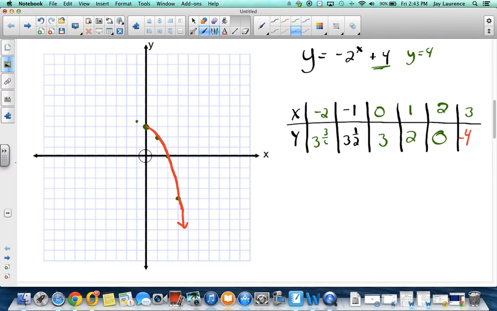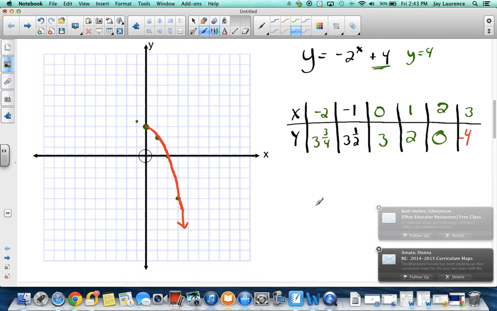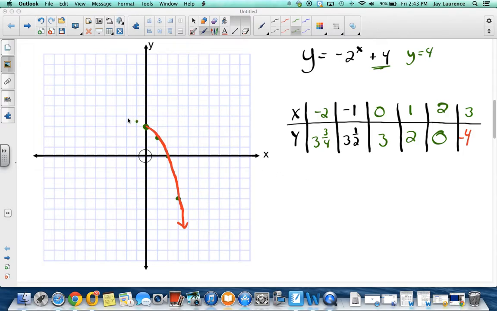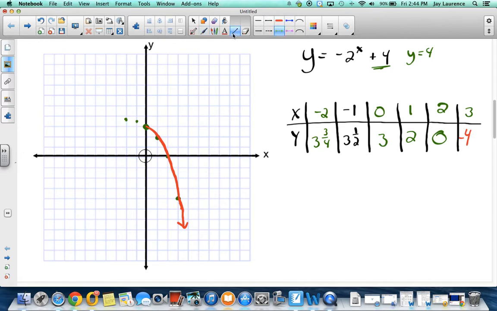3 3/4. And look at that, it sure looks like it's approaching the line y equals 4, just like I thought it should. Okay, something like that. And so yes, my asymptote is going to be this line, y equals 4.